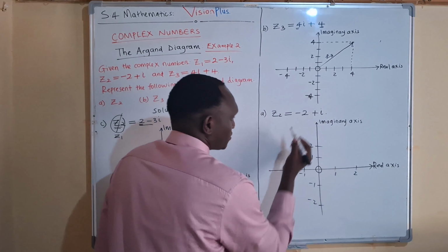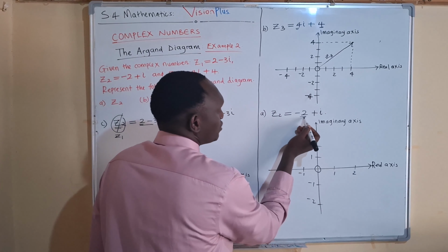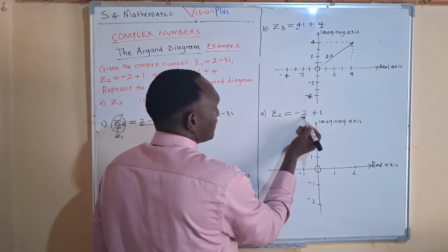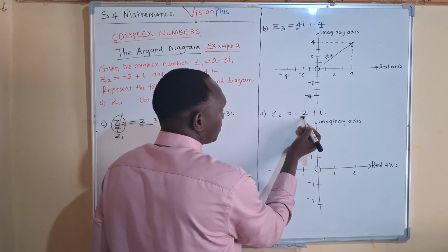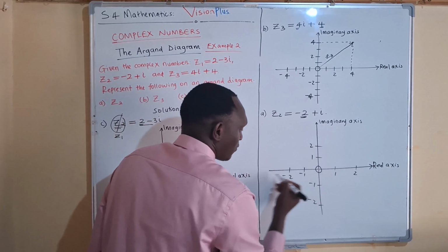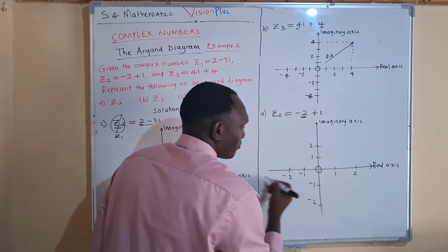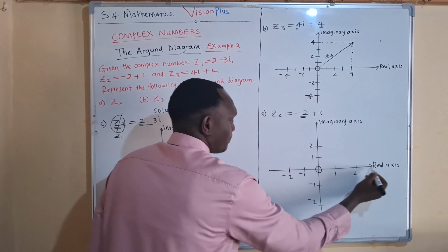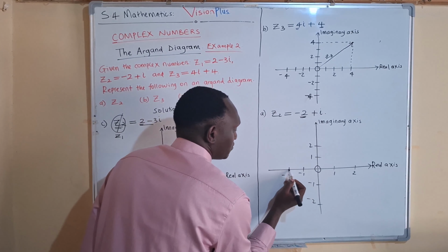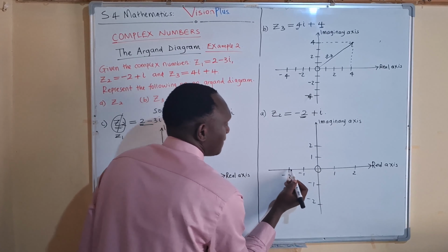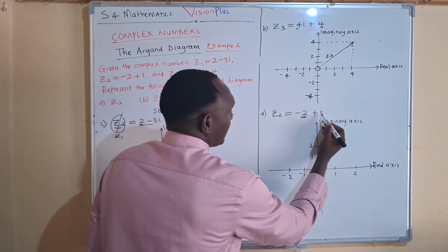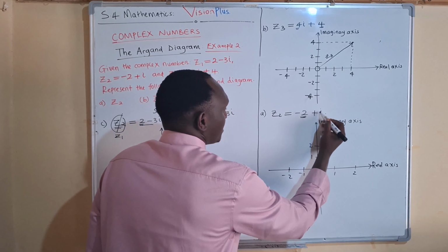This is the real axis. So you come and look for the real number. Negative 2 is the real part of this complex number Z2, negative 2. So on the real axis here, we are going to look for negative 2, not positive 2, it is negative 2, which is here. So you just note it. And then you go to the imaginary part. Remember there is no number here.